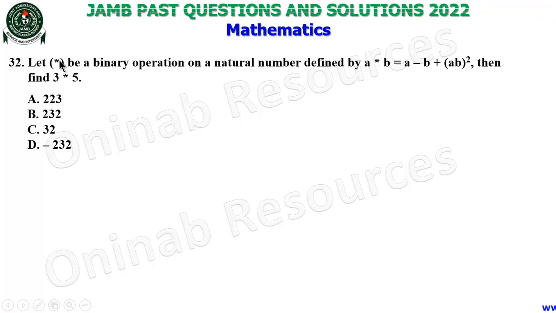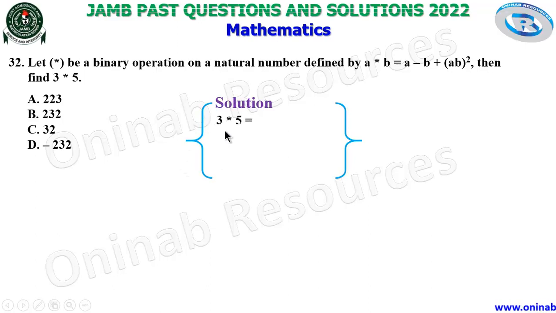Problem 32. Let asterisk be a binary operation on natural numbers defined by a * b is equal to a minus b plus ab squared. Then find 3 * 5. So in our solution, we are going to take 3 to be a and 5 to be b.